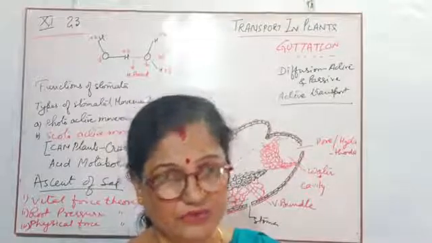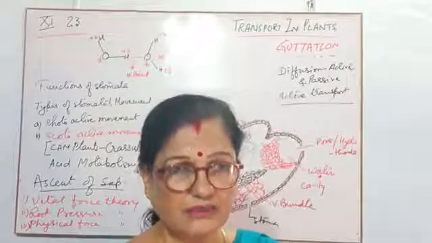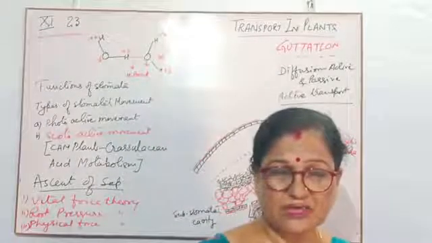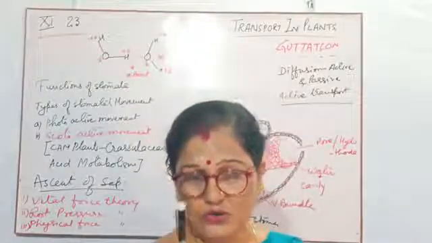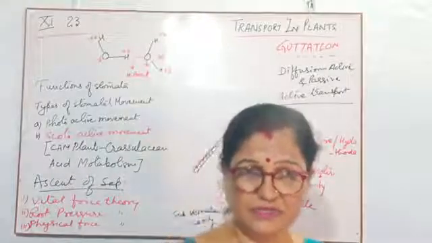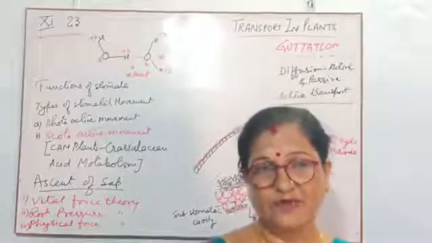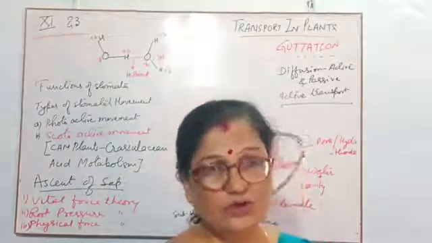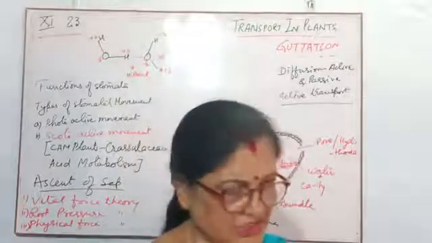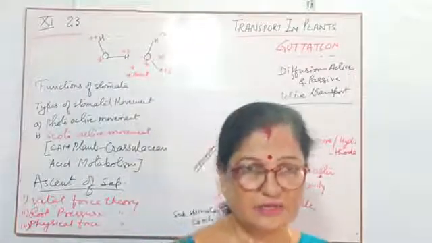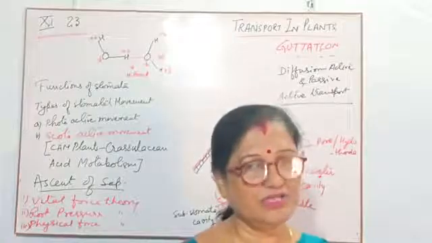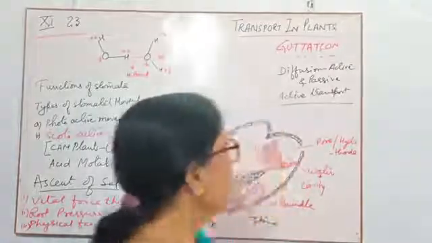Everything can be diffused, but there is a requirement of high concentration and low concentration. That means two different concentrations should be there, then only can they move from higher concentration to lower concentration. If the concentration becomes equal on both sides, then no diffusion takes place.